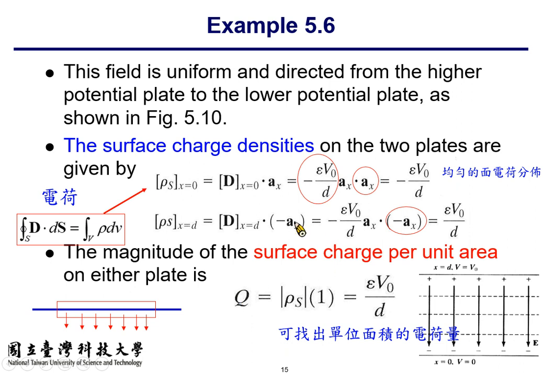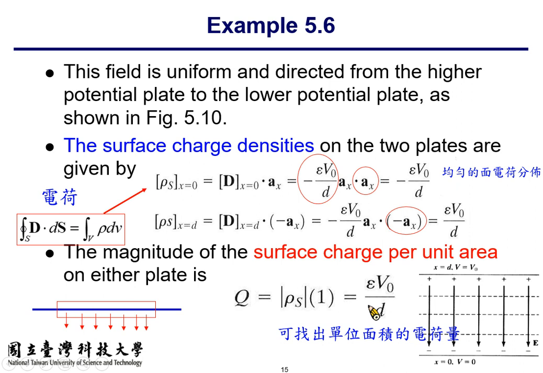Alright, then you can multiply by the surface area, which is unit area 1. Then here comes the total charge per unit area. That is epsilon V sub 0 over d. So again, it's proportional to V sub 0 and inversely proportional to d.